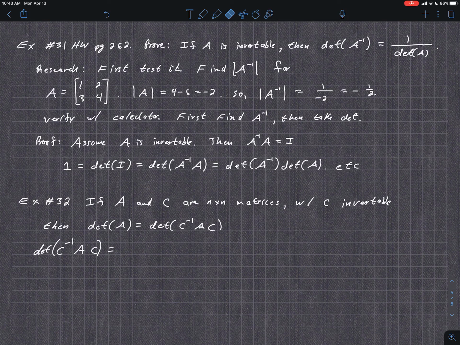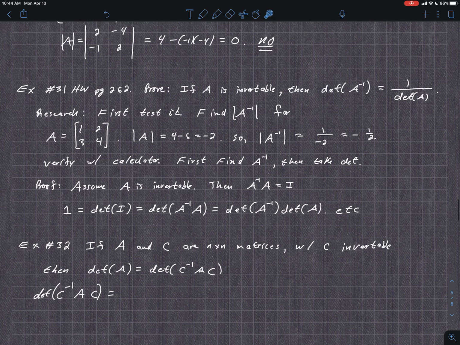So I just did 1, 2, 3, 4. It's my favorite 2x2 matrix, and just did the calculation. So this is what I would want you to do on your calculators: find the determinant. That you can do by hand, obviously, and then you know that 1 over the determinant is, by the theorem, well, that's I guess what we're showing.